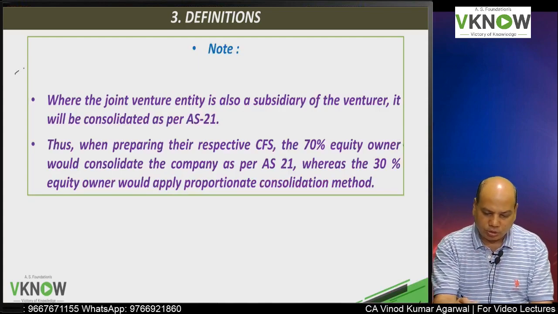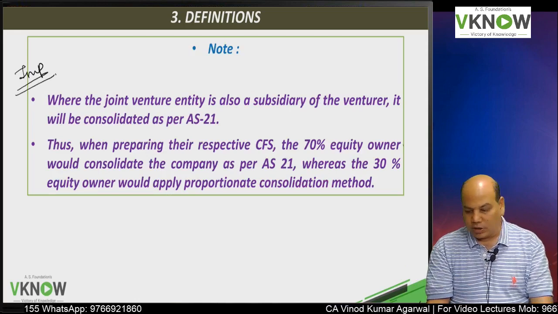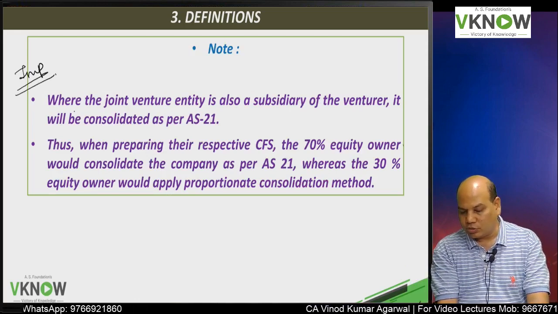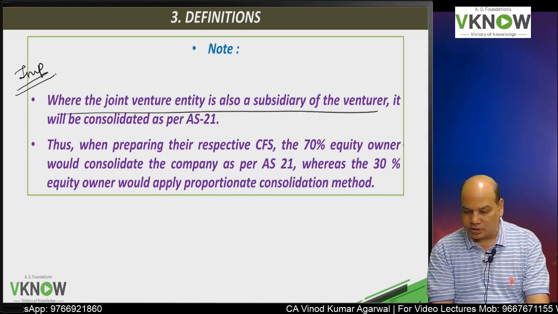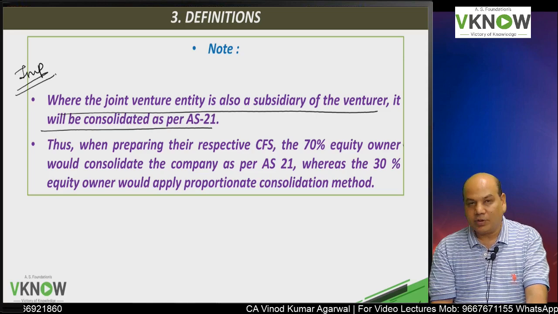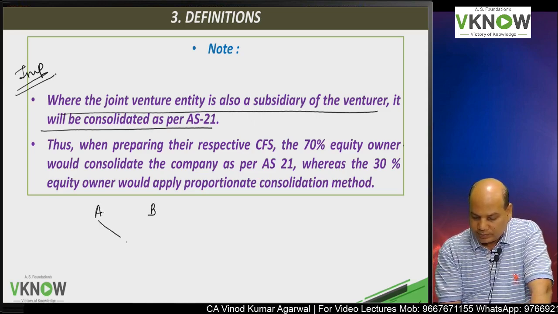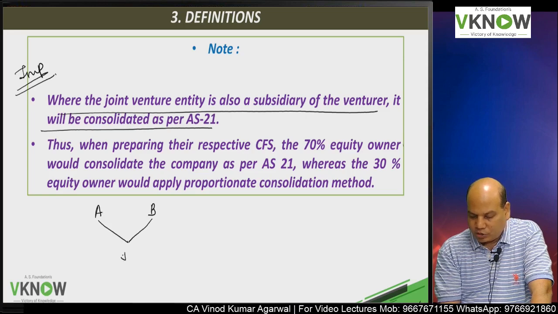Now one important note, tick mark: where the joint venture is also a subsidiary of the venturer, it is consolidated as per AS21. Suppose A and B have formed a joint venture.